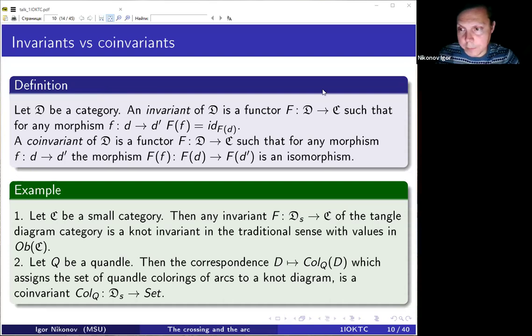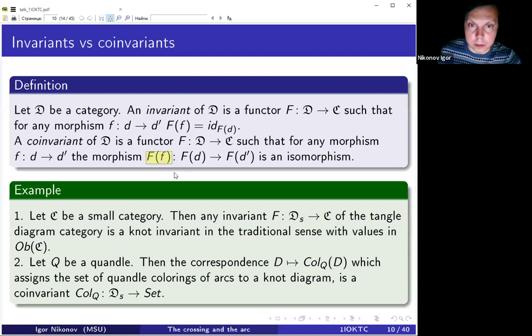This means we map all diagrams of the same nodes to one thing. And a co-invariant is a functor from the diagram category to some other category, such that the image of each morphism under this functor is an isomorphism.